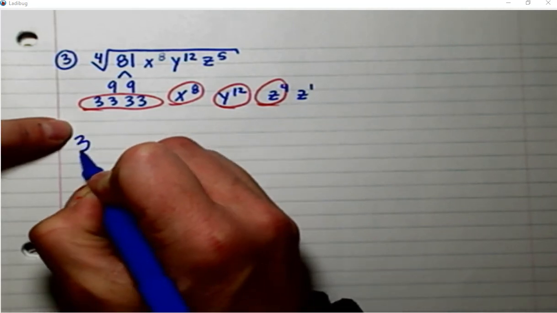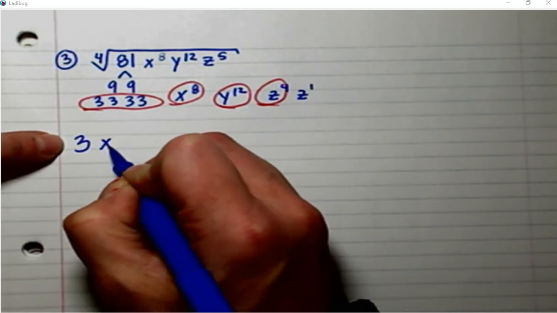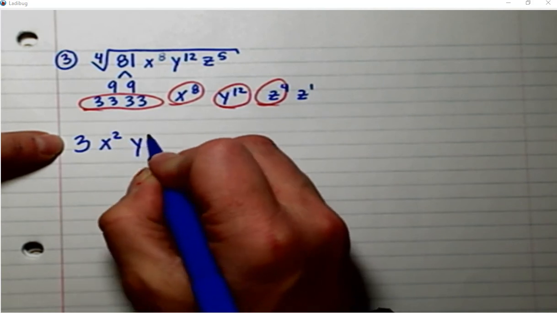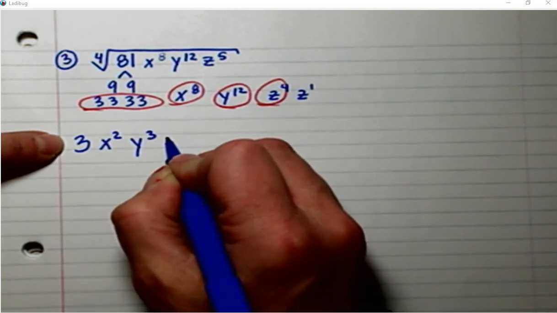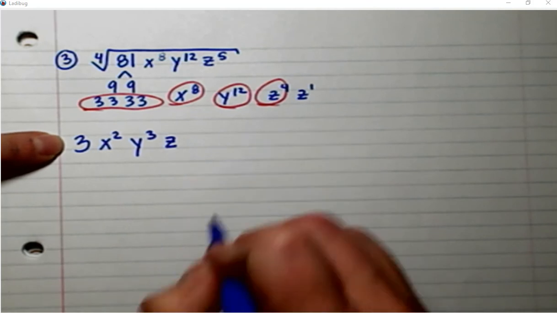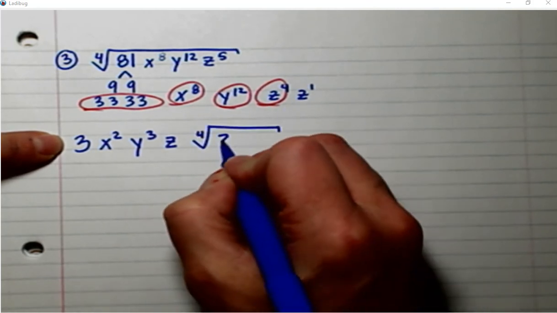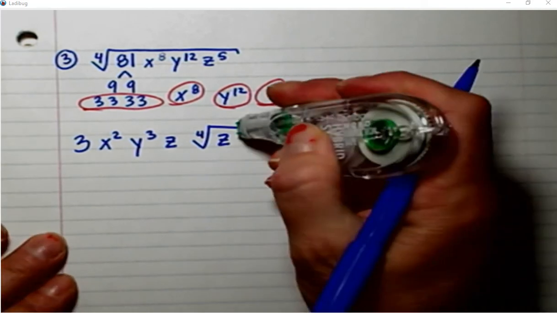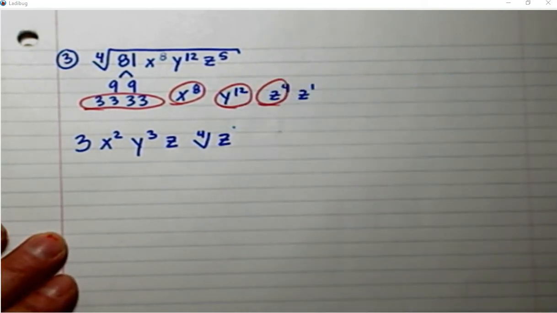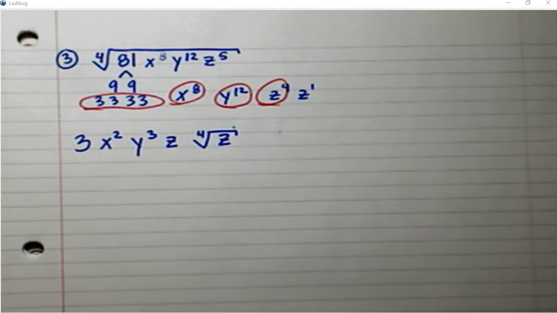So the 3 comes out, x squared comes out, y cubed comes out, z to the 1st comes out, and the 4th root of just z. Okay, so there's my radical, right? There's my simplified statement. Now I have to check the rule.